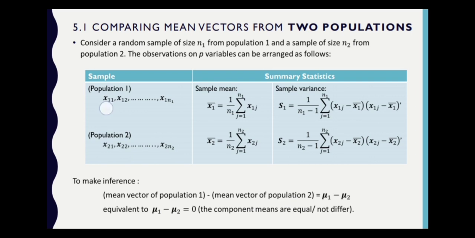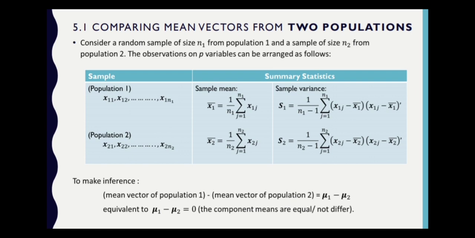This first subscript 1 refer kepada first population, another 1 yang belakang tu refer kepada observation pertama, sehinggalah variable untuk first population and one observation. Okay, yang kedua for the second population, it will be x21 until x2n2. Ini adalah notation untuk variable. So we have the several variable for population 1 and population 2.